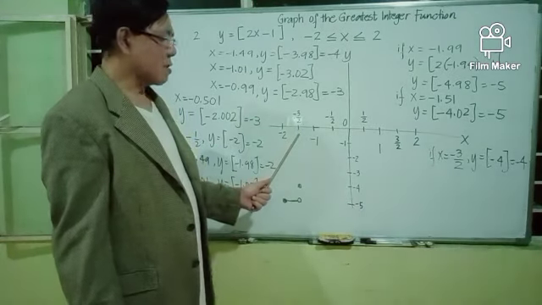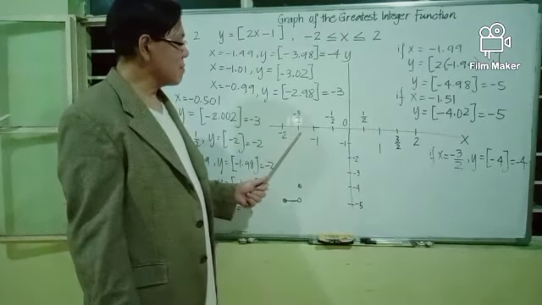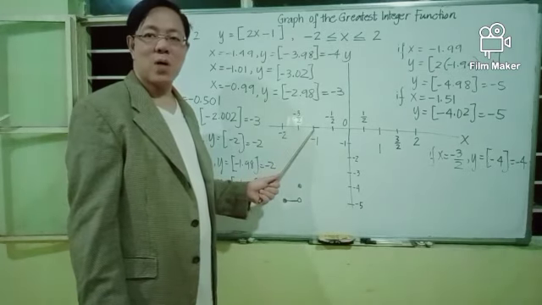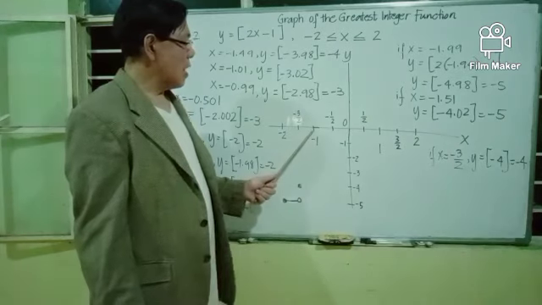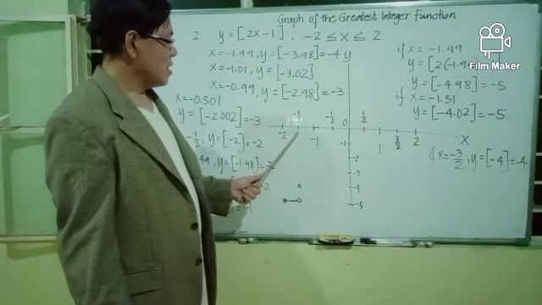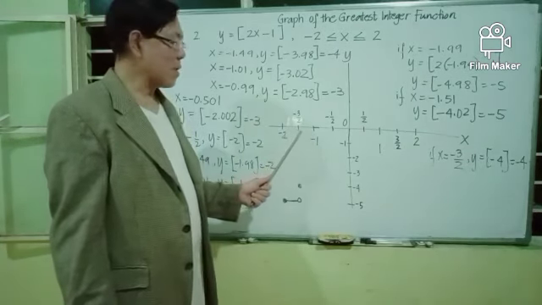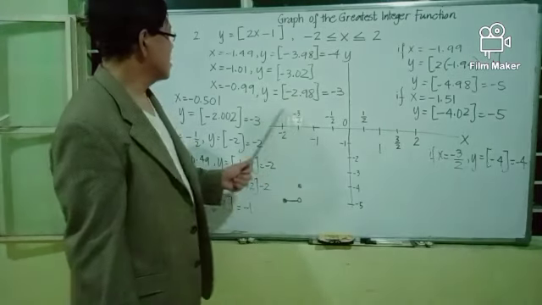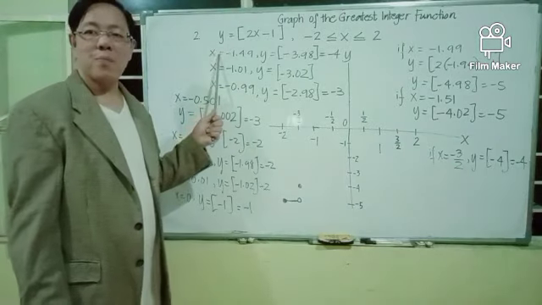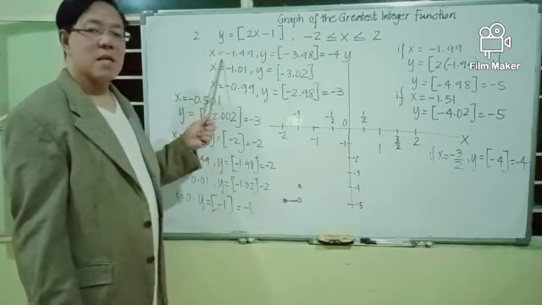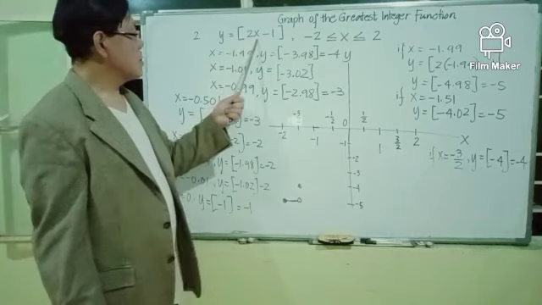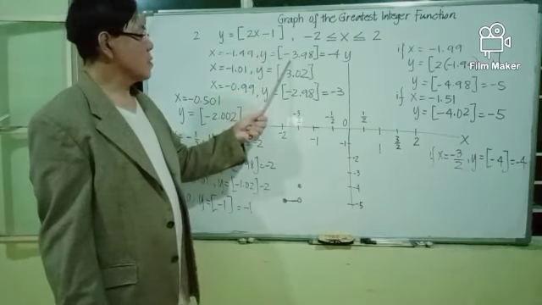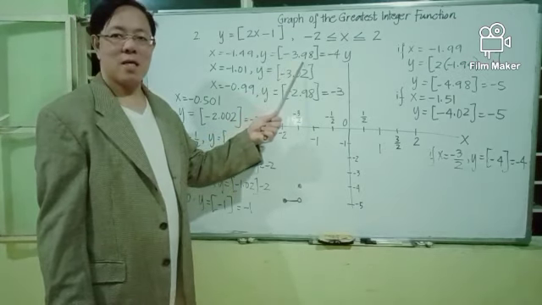Now we consider the real numbers that are greater than negative 3 over 2, or greater than negative 1.5, but less than negative 1. If we take a number very close to negative 3 over 2, say negative 1.49, if x is negative 1.49, you multiply it by 2 and subtract 1, you should get negative 3.98.